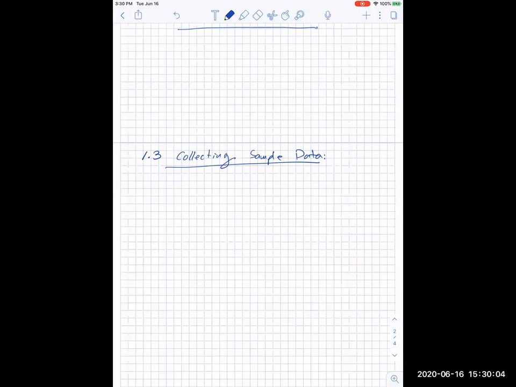Remember, the goal is to get information about the population, and this information can be obtained by sampling. There are different ways of sampling and getting sample data. So we're going to talk about these methods, and then other related concepts.